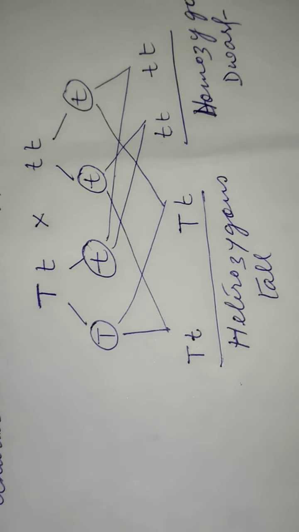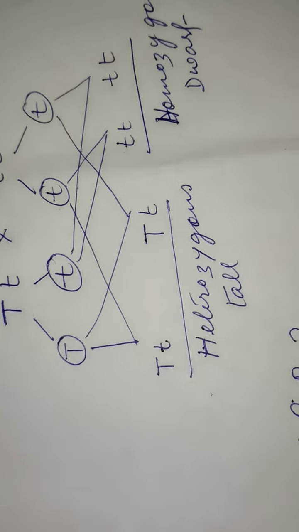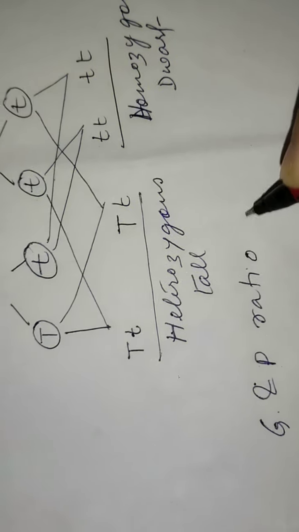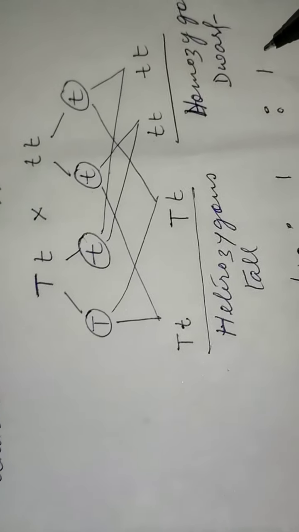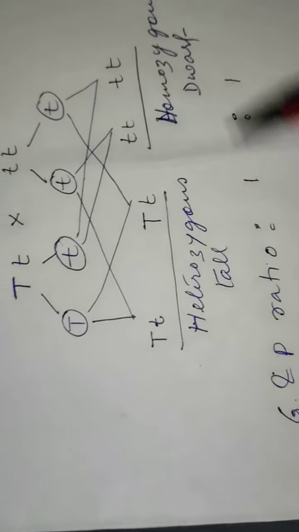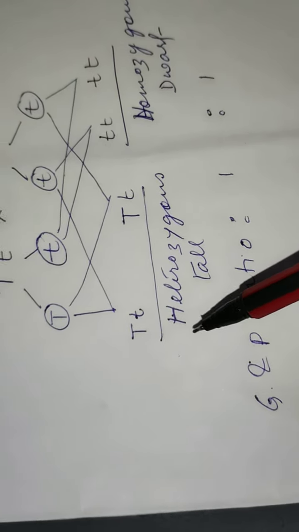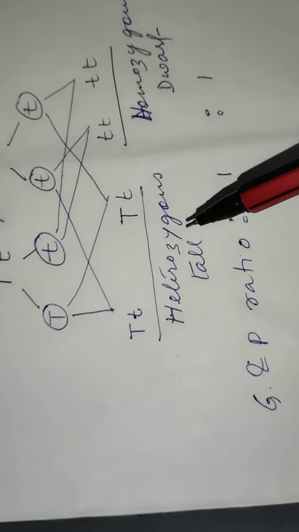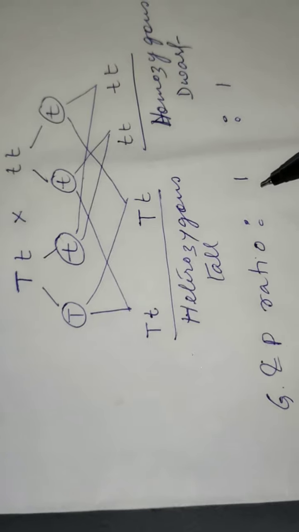So its genotypic and phenotypic ratio is 1:1, both are the same. Two tall plants, two dwarf plants is its phenotypic ratio; two heterozygous tall, two homozygous dwarf is its genotypic ratio.